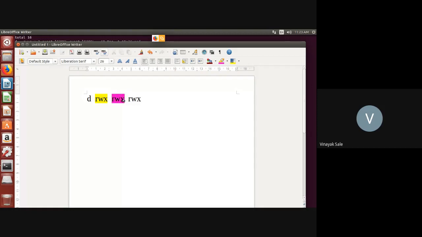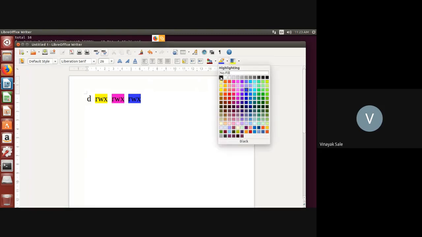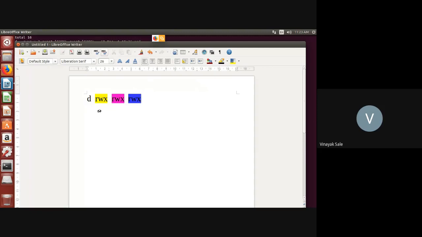Then this is the group owner, and the third, blue colored, is the other group. So the yellow colored one is called the user group, the pink colored one is called the group, and the blue colored one is called the other group.